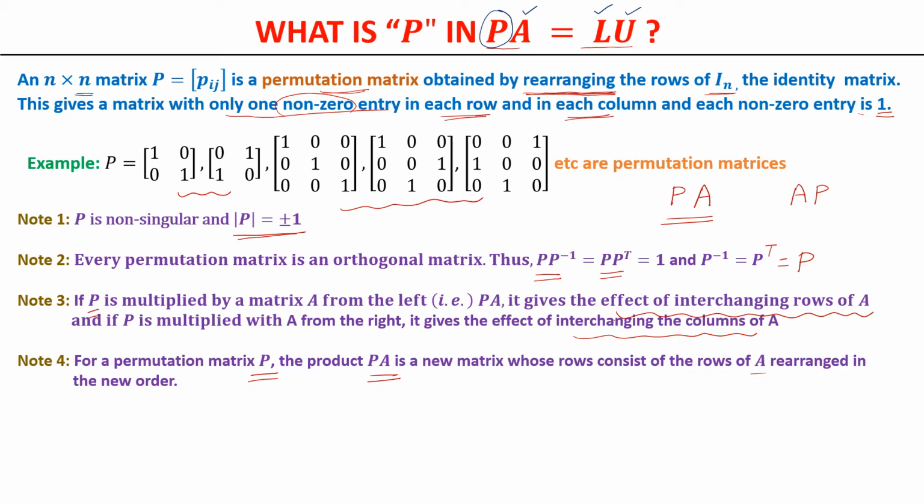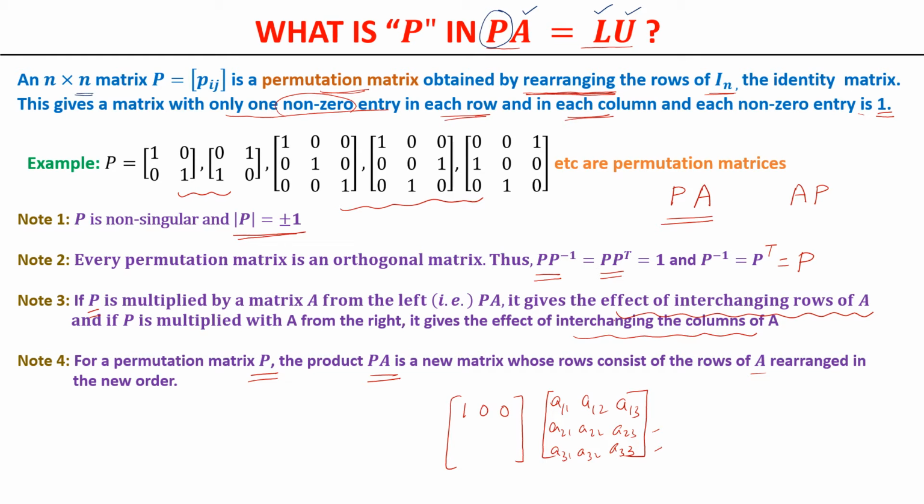So when I have a matrix here and I would like to note down, say, A11, A12, A13, A21, A22, A23, A31, A32, A33. If this is my 3 by 3 matrix and I want to interchange the second and the third rows, that will give you here 1 0 0.